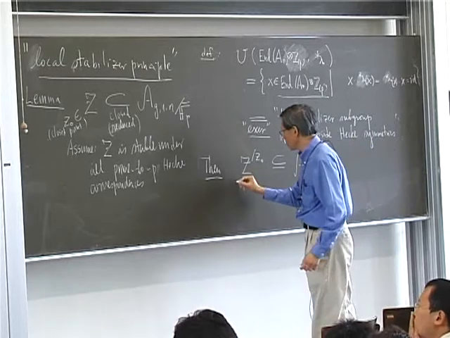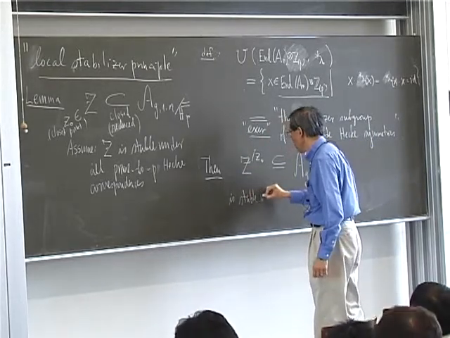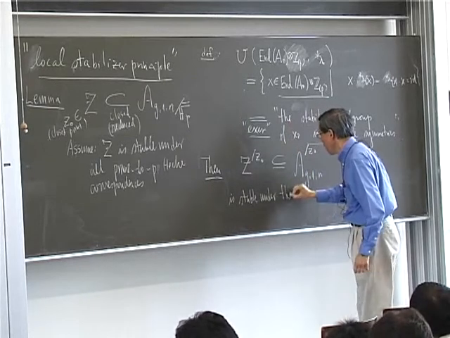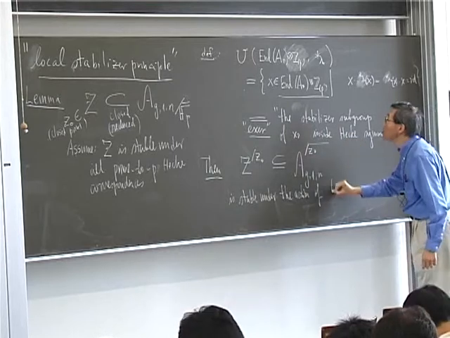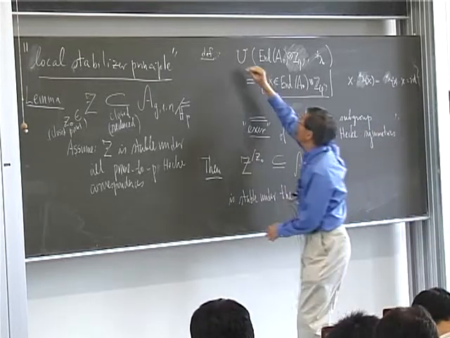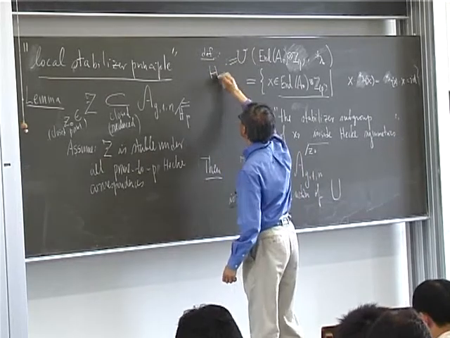Okay. So the conclusion is that this is stable under the action of U, I'll give it a name, H sub x0, or H sub z0.